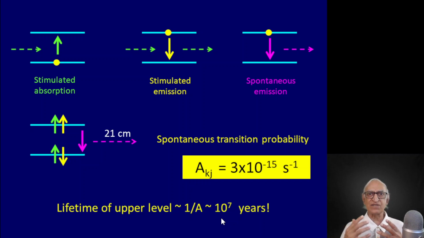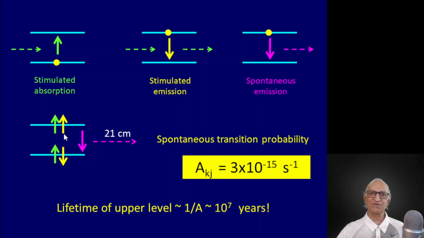So if I have hydrogen atoms in the electronic ground state, they will mostly be in the upper hyperfine level, which is this one where the spin of the electron and proton are anti-parallel. And if you leave it there undisturbed, then once in 10 to the 7 years or so, it will jump down, bingo, emit a photon of 21 centimeter wavelength.